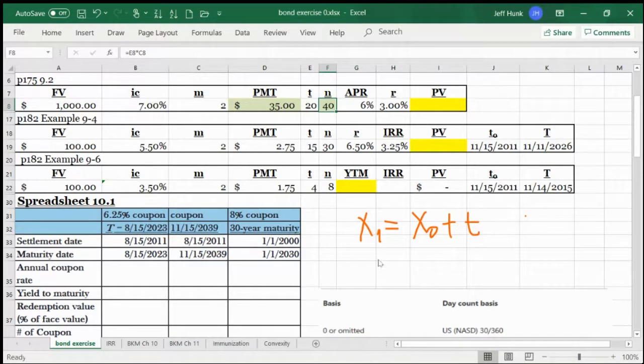And then X1 is greater than X0, right? Of course, you want to declare it.